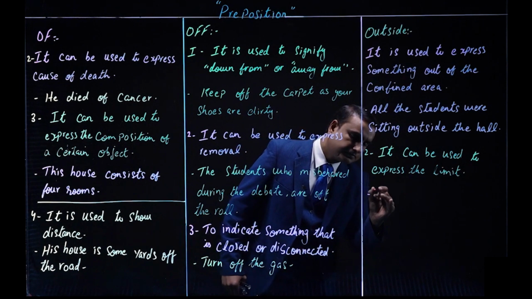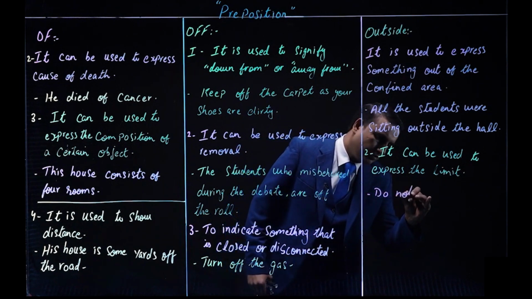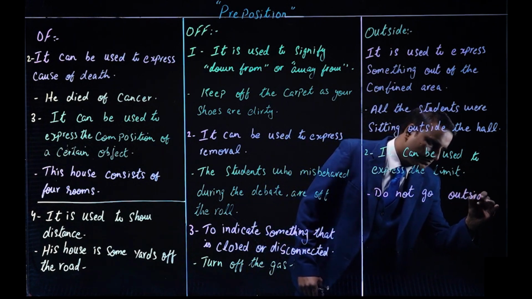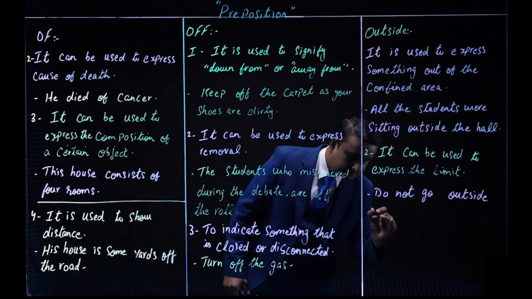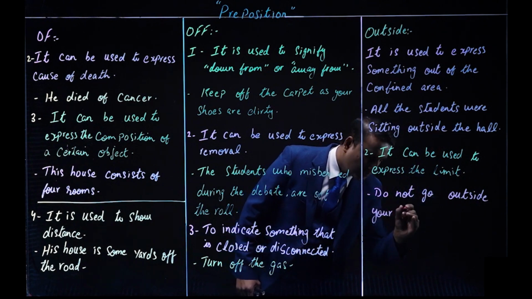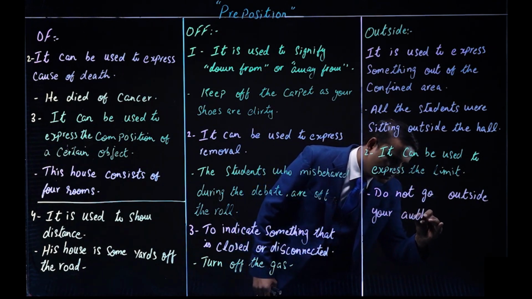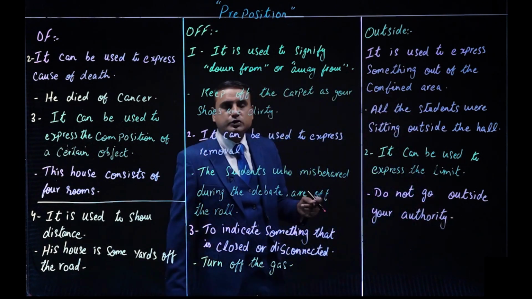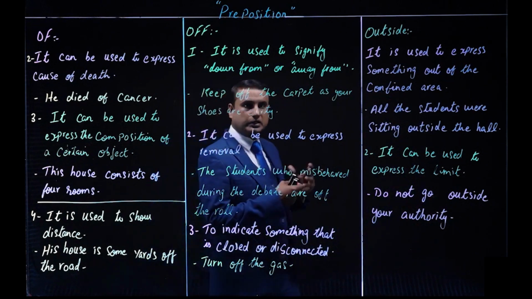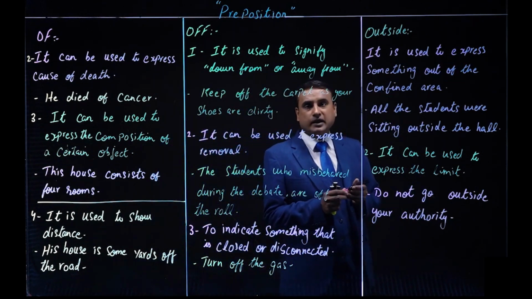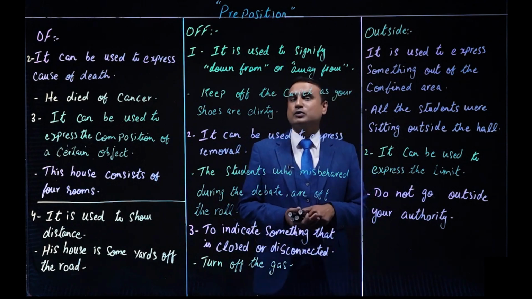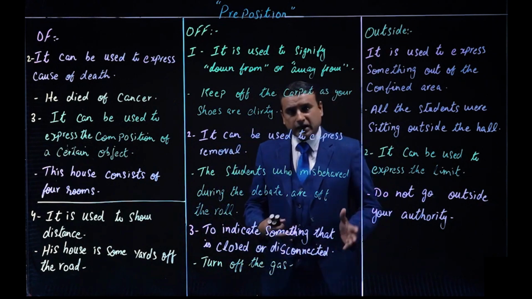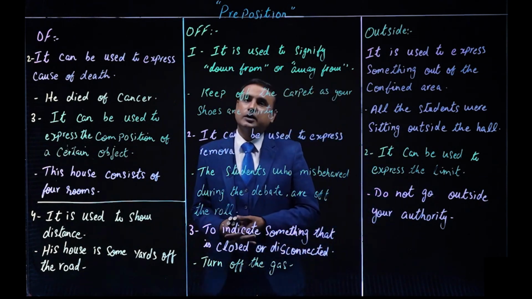For example, do not go outside your authority. Beyond के सेंस में हम इसको यूज करते हैं. Do not go outside your authority. कि अपनी अथॉरिटी से बाहर निकल के अपनी अथॉरिटी की लिमिट क्रॉस करने की तुम्हें ज़रूरत नहीं है. सो होपफुली इससे काफ़ी चीज़ें क्लियर हो गई होंगी. Let's have some more prepositions and their usage.